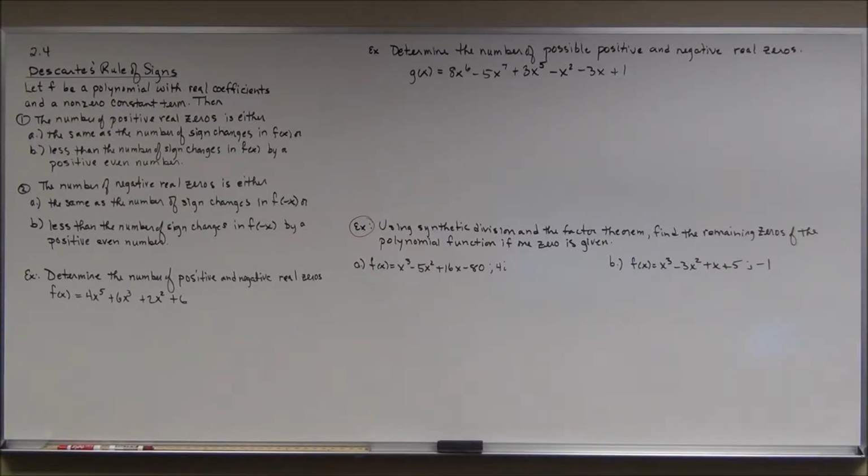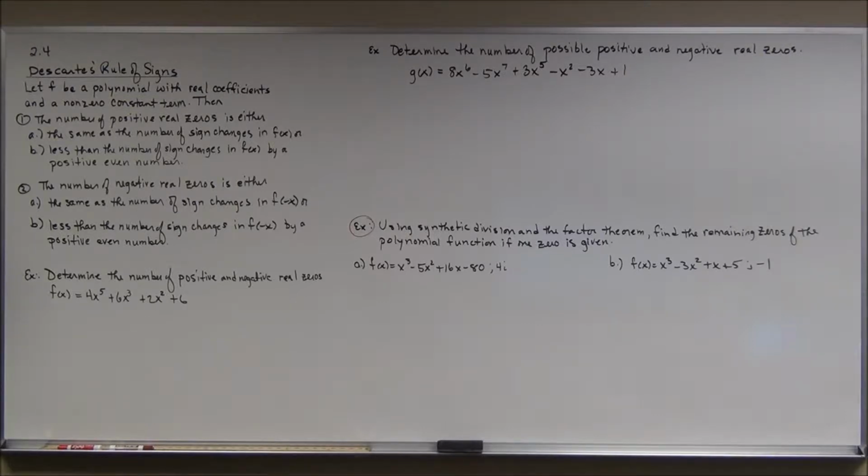Well, depending on what your lead coefficient and what your constant term are, you might have dozens of possible rational zeros. Well, with Descartes' rule of signs, this was a way of trying to limit what they might be. And so we're going to run through this now and do a couple of examples to kind of show you.